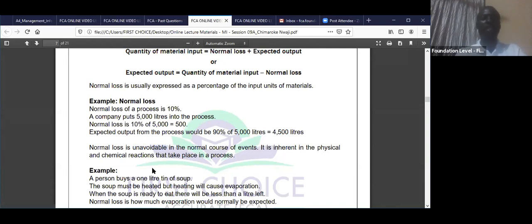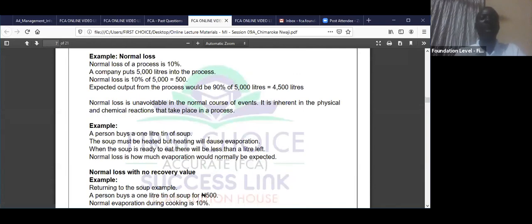Now look at another example. A person buys 1 liter of soup. The soup must be heated, but the heating will cause evaporation. When the soup is ready to eat, there will be less than 1 liter left. How much evaporation would normally be expected?